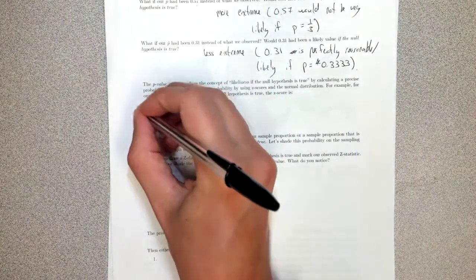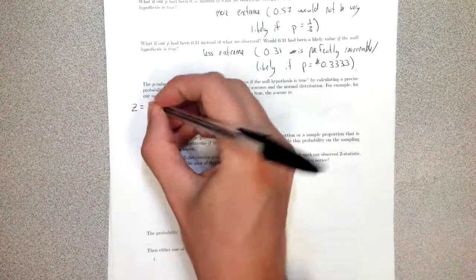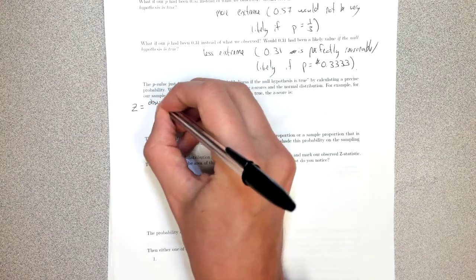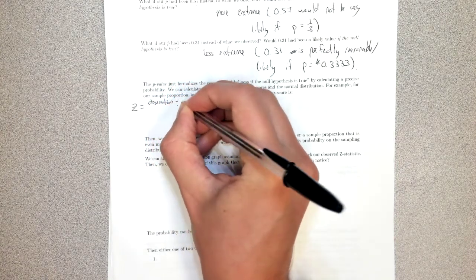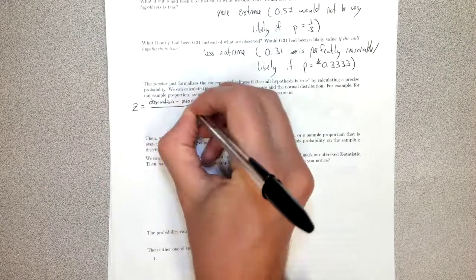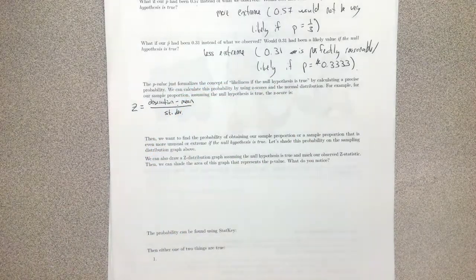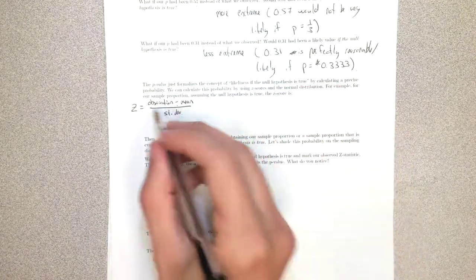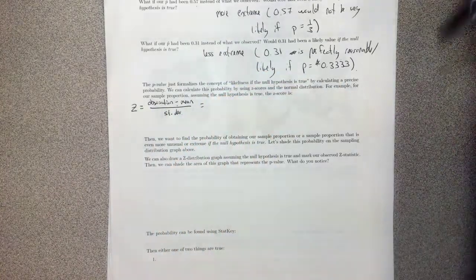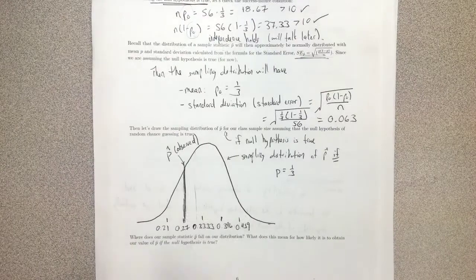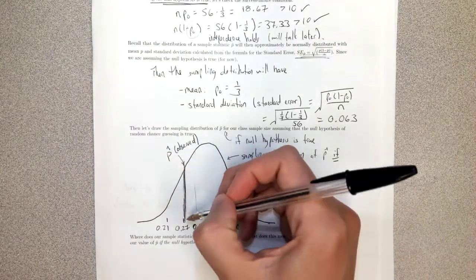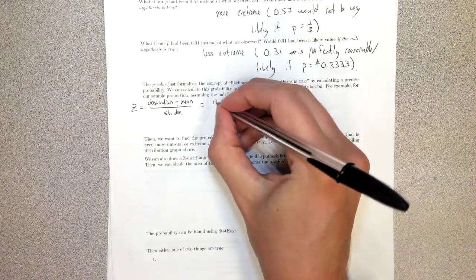If you remember, our z-score was in general an observation minus the mean divided by a standard deviation. Well, we're going to translate this into our sampling distribution, where our observation is going to be our observed sample proportion, so that was 0.27.